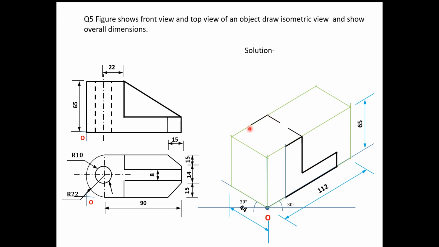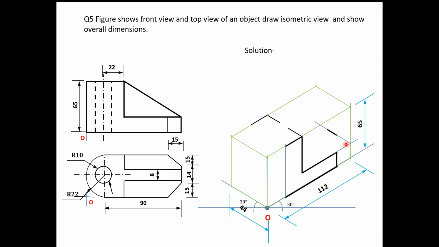Next, this edge. Now if you see here, we have to find out this rib. This portion is the rib. Here we'll draw a construction line, another line parallel to this isometric axis, so isometric line or this edge.